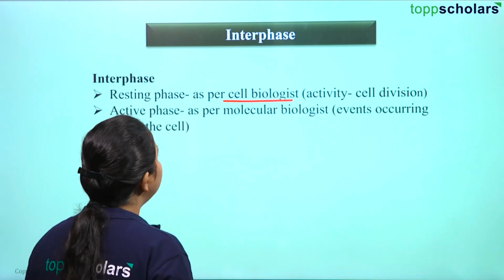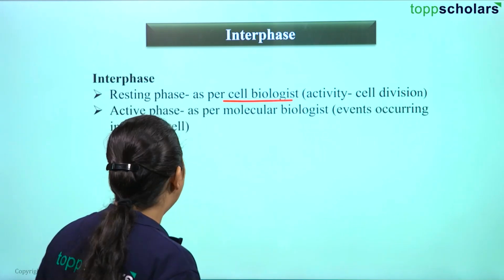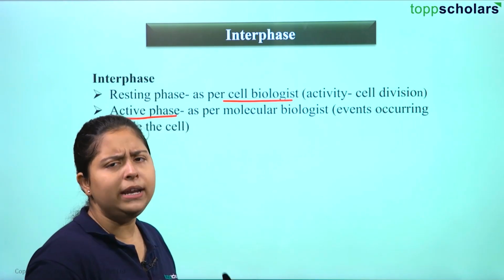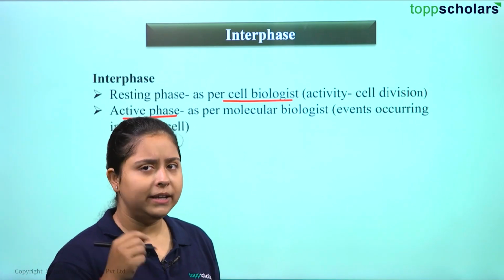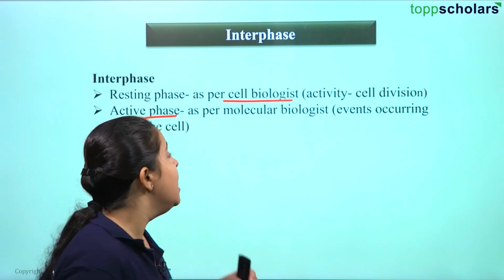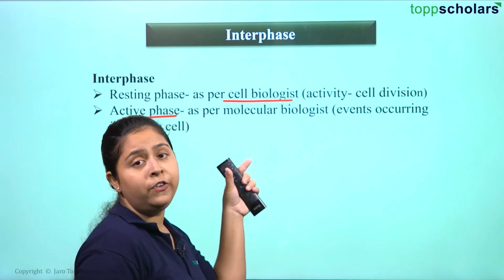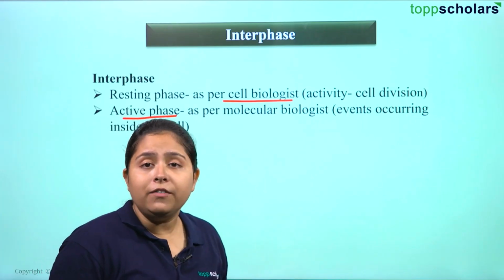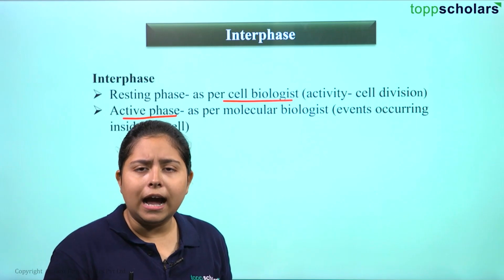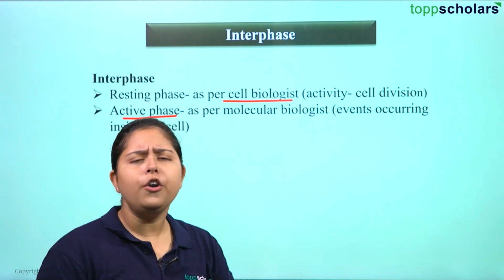What will a molecular biologist say? A molecular biologist will say that this interphase is a very active process. And can you guess why this is so? Yes, we have just talked, right? A molecular biologist is referring activity to the events that are undergone in the cell. And we just saw that a cell undergoes a lot of events.